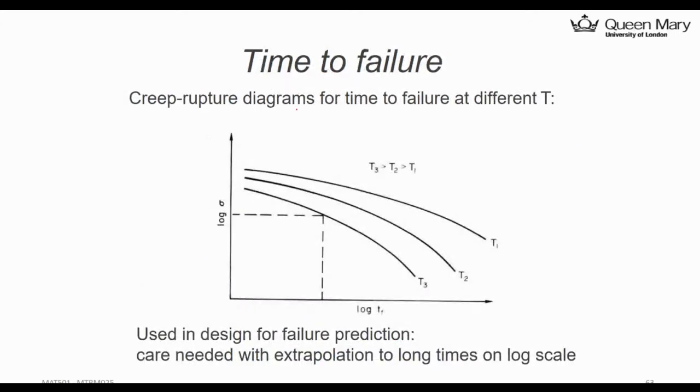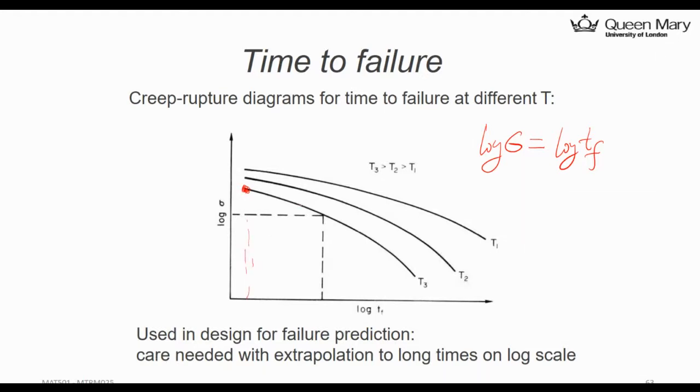And a creep rupture diagram shows time to failure at different temperatures. So if you plot log sigma in relationship with the time to failure, you will get some relationship like that. Basically it means if you have a higher stress at this point, then you will fail your material much quicker.